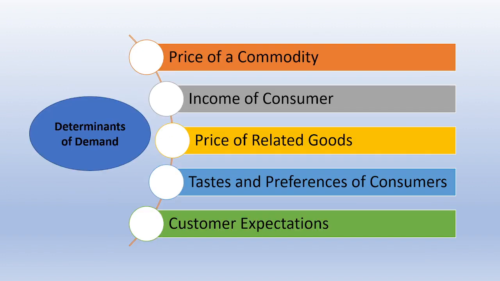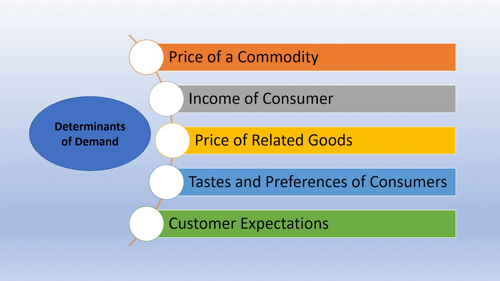Then comes the determinants of demand. We have considered that price affects demand. In the previous slide, we understood that price and demand are negatively related to each other. So demand is affected by price, but there are certain other determinants in spite of price that affect the demand, and those are the determinants of demand.